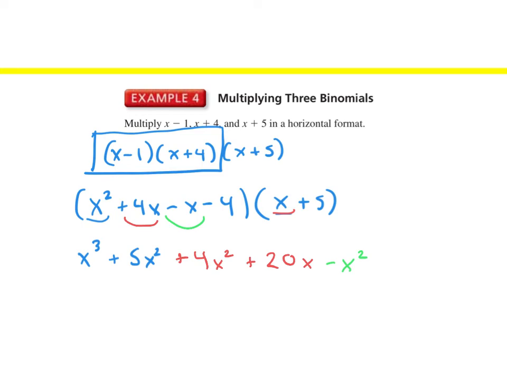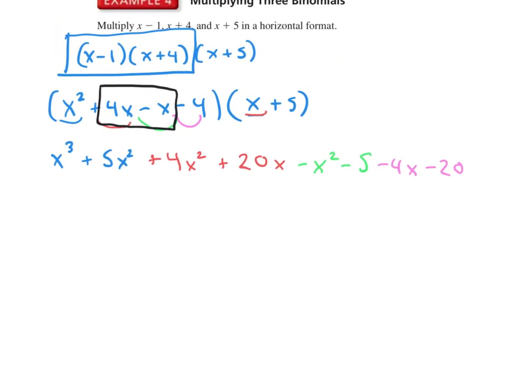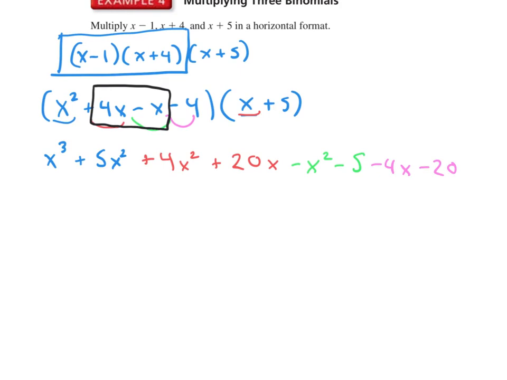Negative x times positive 5 would be negative 5x. And then we move on to negative 4, so negative 4x minus 20. I realized in the middle of doing this, I could have combined these two terms together because they're like terms, so it could have been 3x, but we'll end up getting the same answer. Just the way I did it was a little bit longer because it took us 2 extra steps.